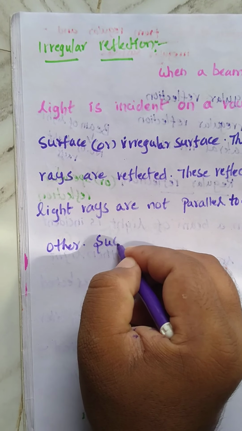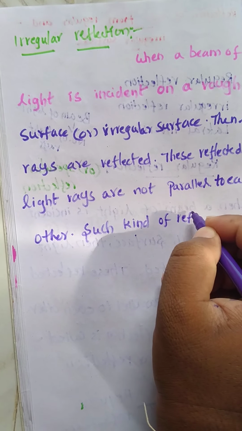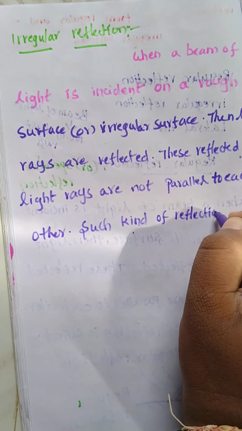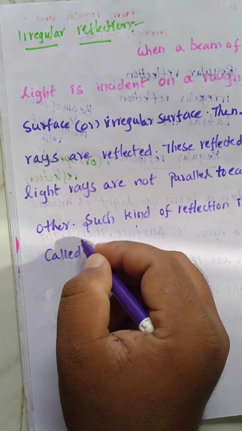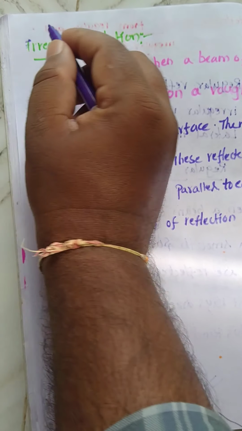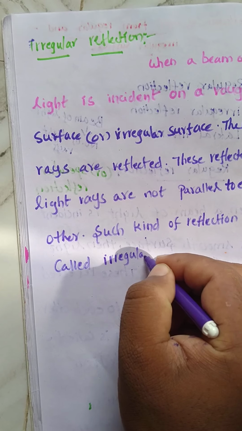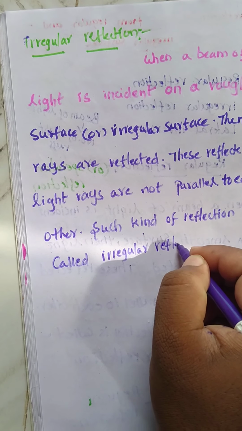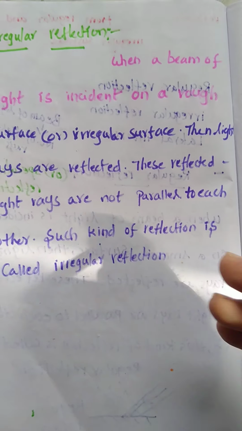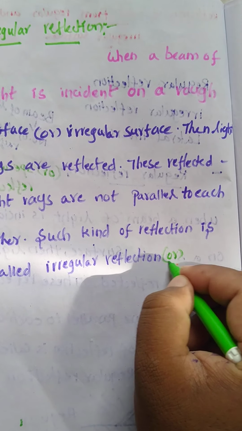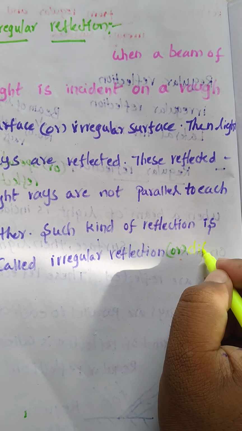Such a kind of reflection is called irregular reflection, or diffused reflection.